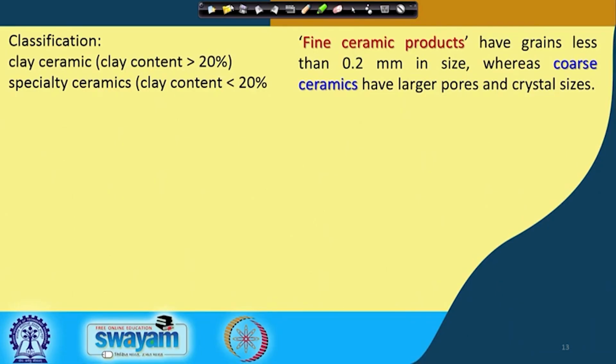If your grain sizes are less than 0.2 millimeter or so, we consider them fine ceramic products, but if the size is above 0.2 millimeter, you can consider it quartz ceramic. The quartz ceramic has larger pores as a result and bigger crystal sizes. So these are the basic qualities, that means component wise as well as size wise.